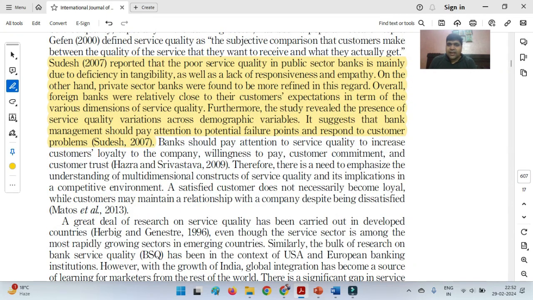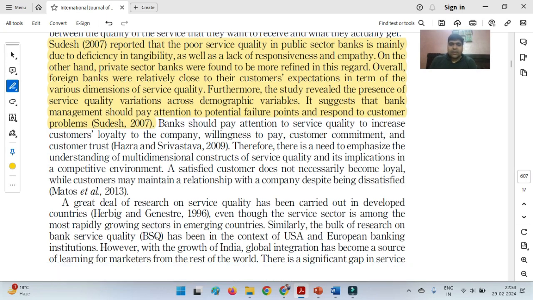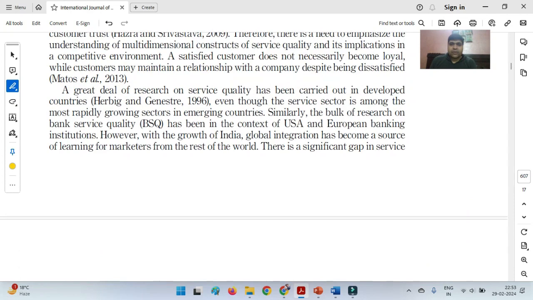Now, you see, in the entire paragraph, no sample size, no statistical tools, no country, no context, nothing is there. Still, it is a good literature review. Why? Because the conclusion is there, the relationship of variables is there, the results are there. So mainly results are most important. Rest everything else you may cite, you may not cite.